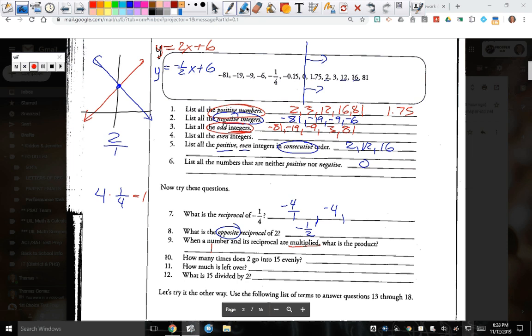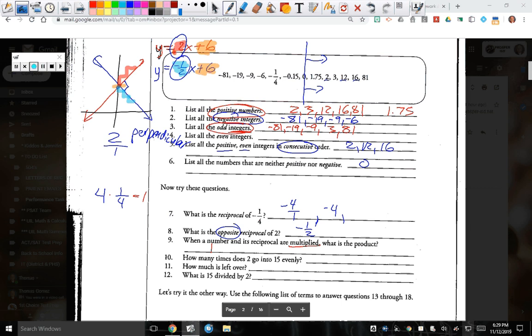It still is occurring at a y-intercept of 6. And the negative 1/2 is down 1 over 2, down 1 over 2, down 1 over 2. Where this positive was up 2 over 1, up 2 over 1. The negative reciprocal is the negative flip of that slope. Okay. And it will meet at a 90-degree angle. Alright. So when you see that, which you will, it's whenever it's asking for the perpendicular slopes to lines.